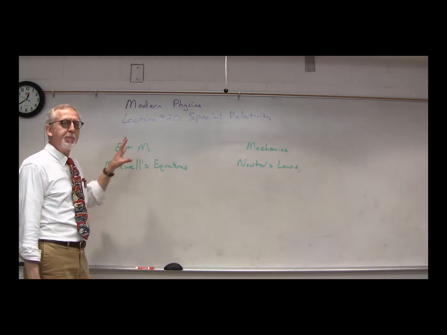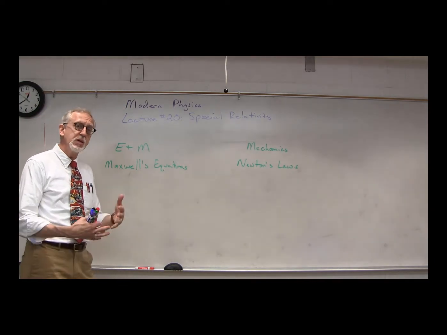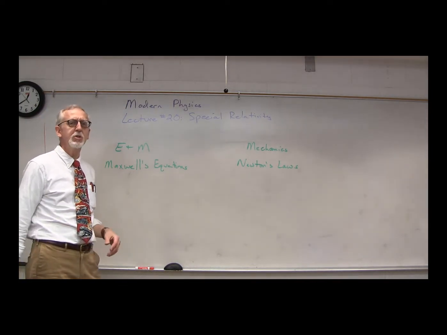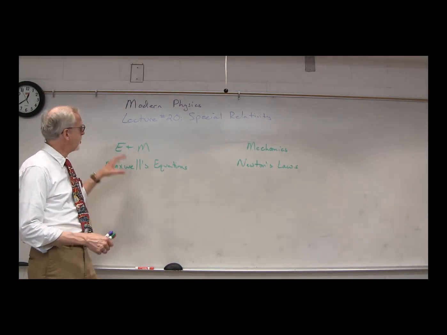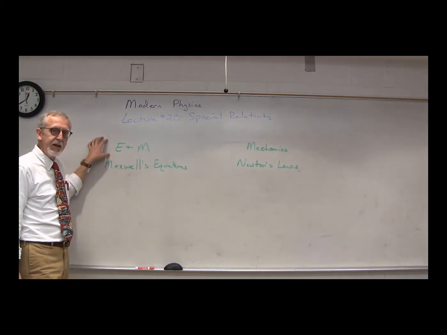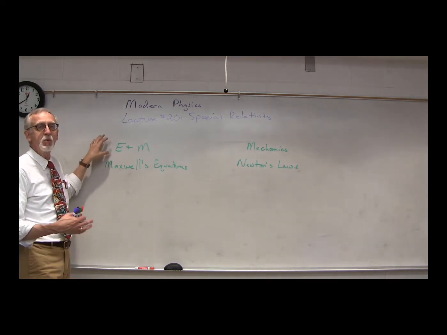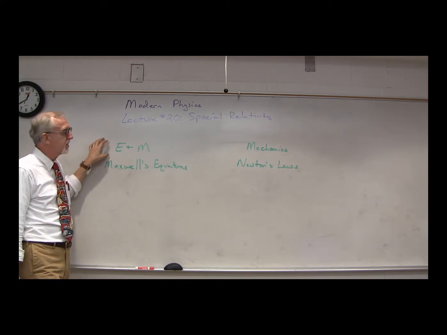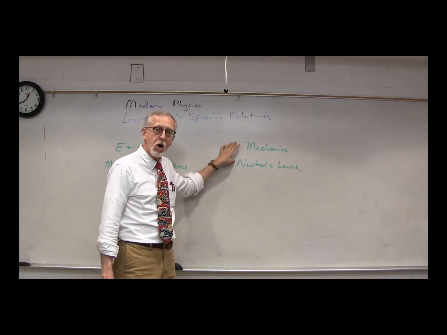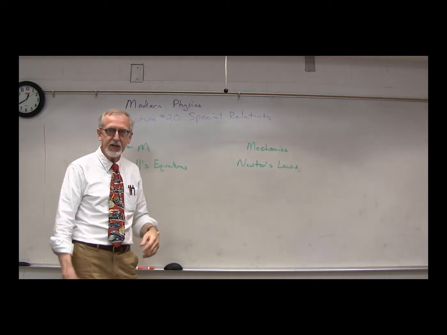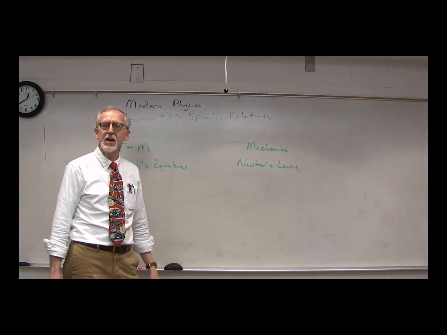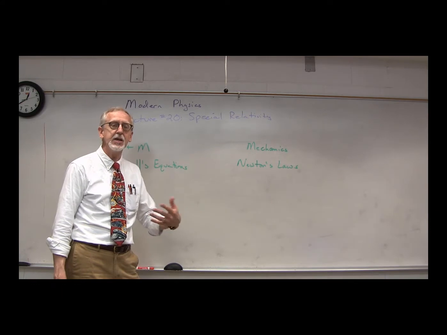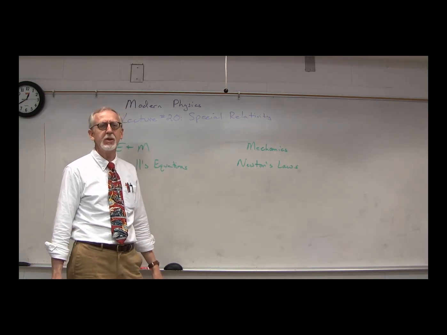Now, if it were up to you, which one would you assume was correct and which one would you assume was incorrect? Would you assume that Maxwell's equations, very mathematical, dealing with electric fields, magnetic fields, were correct? Or Newton's laws, very concrete, dealing with things, much easier to visualize, much easier to understand?